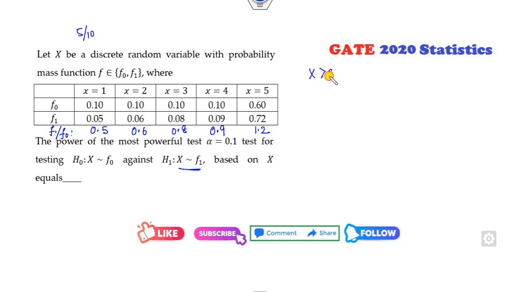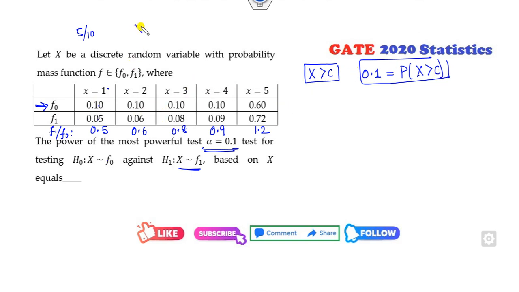So the critical region is greater than C. The level is my alpha, so 0.1, which is the probability of x greater than C under the case of H0, F0. Can you find the value of C out of 1, 2, 3, 4, 5? You can substitute here, the answer should be 0.1.